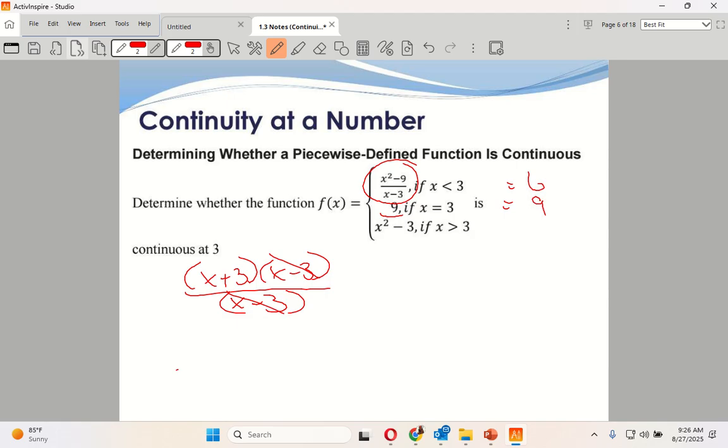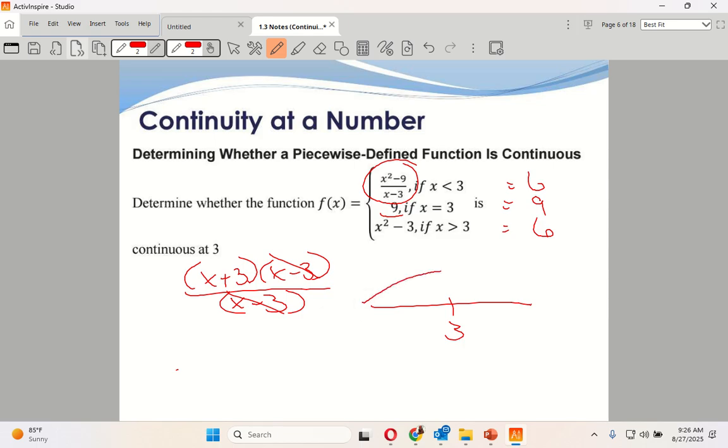Now this one over here, can I plug in 3 on the right-hand side? 3 squared is 9 minus 3. So if I were to graph this, it would look like this side goes to 6. This goes to 6, which would go something like this.